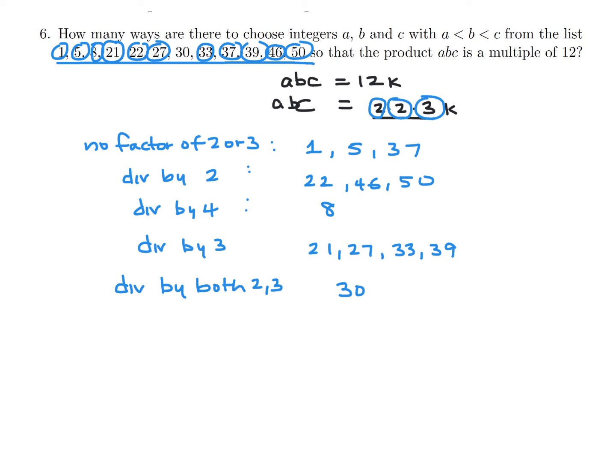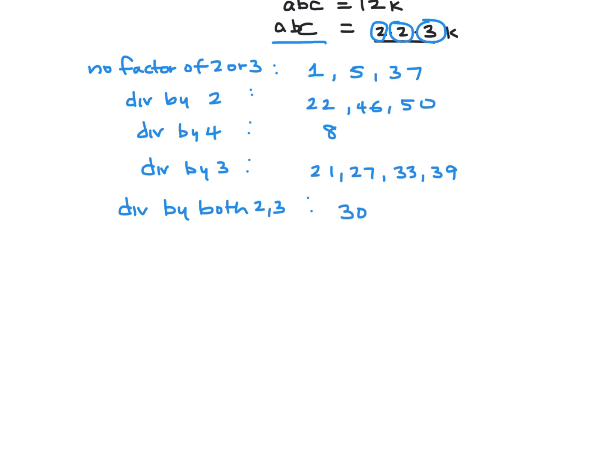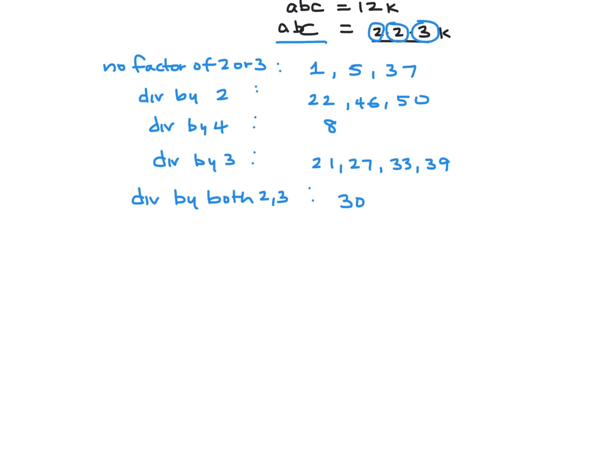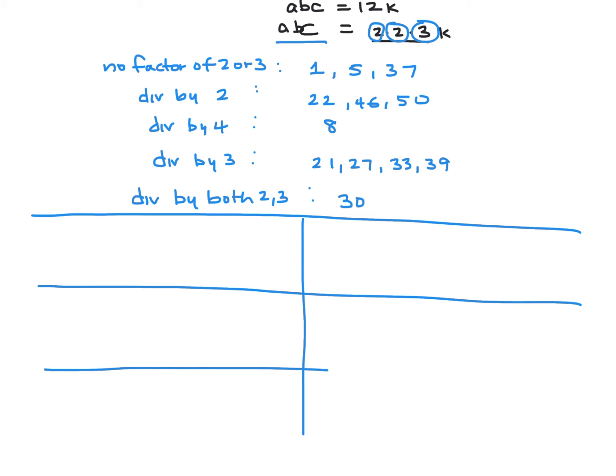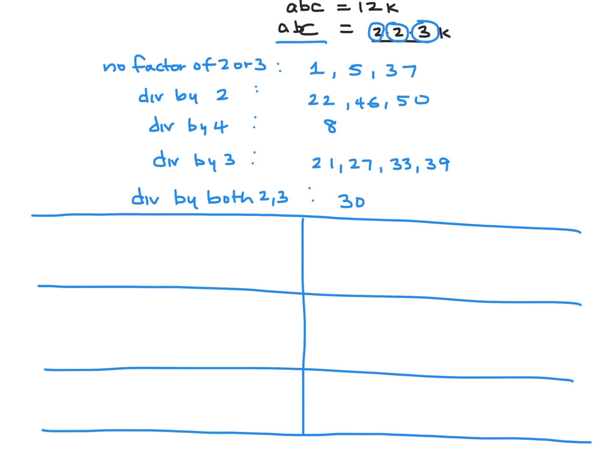Okay, so we've grouped all the numbers into categories. And now let's see what are the scenarios to create ABC. Let me make a little table here. I should be able to do it in one screen, hopefully. Okay, so here we go. The first one involves the 30. We have to choose that because that has both 2 and 3.